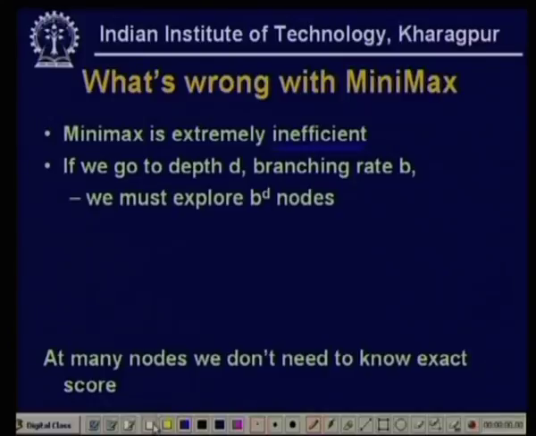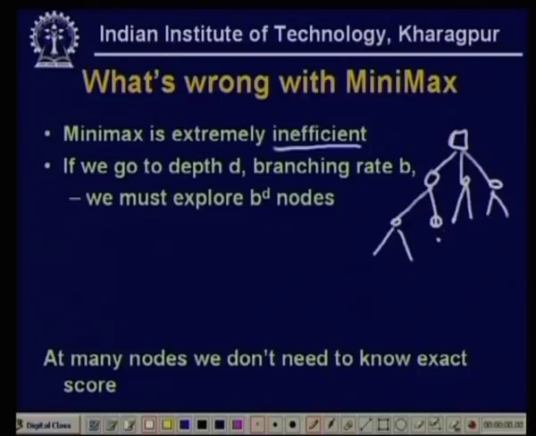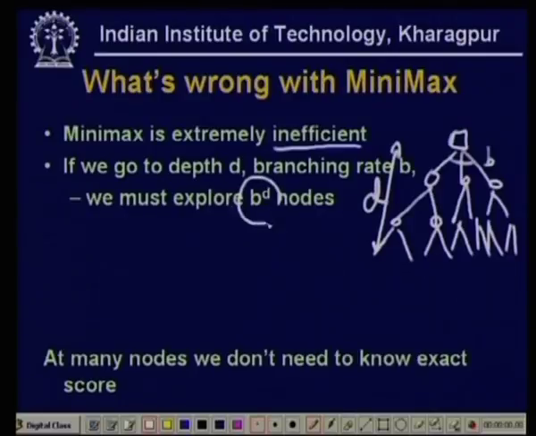That is, minimax expands all the nodes in the given search tree. That is, if we start from the root and search d ply, up to a depth of d, and assuming that this game tree has a uniform branching factor of b, then the number of nodes expanded or explored by minimax is b to the power d.